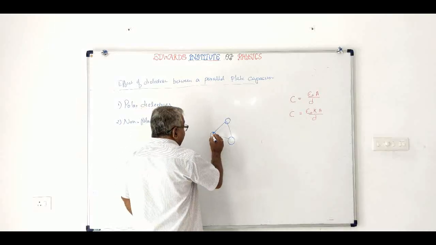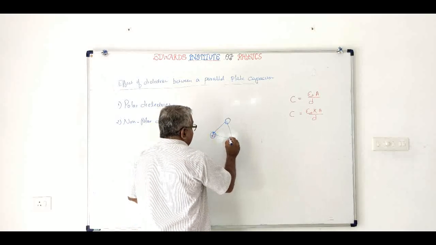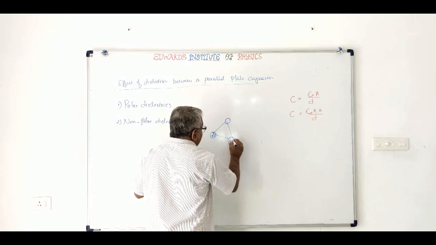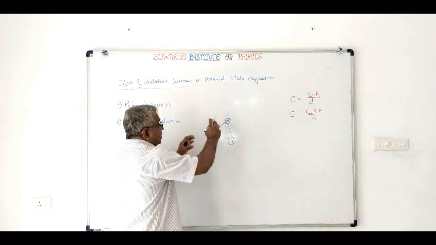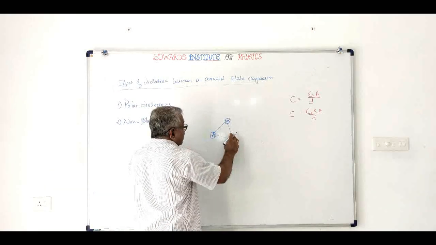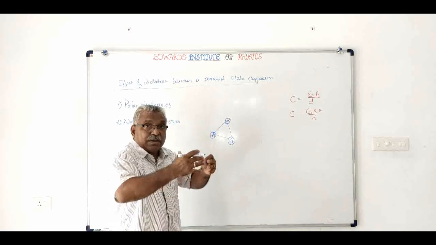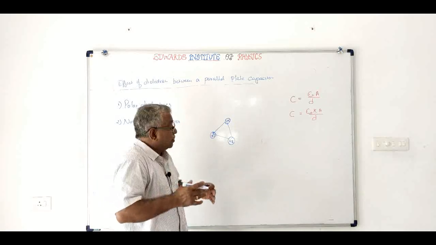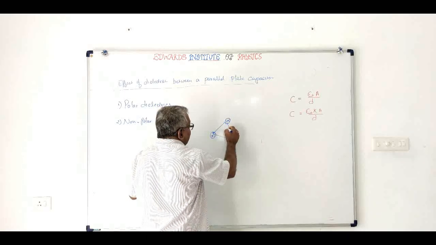Suppose this atom has one proton, like hydrogen, and this has 8 protons and this also has 8 protons. So this is positive charge, this is positive charge, and this is positive charge. These are bound together, so the center of the positive charge will be somewhere here.